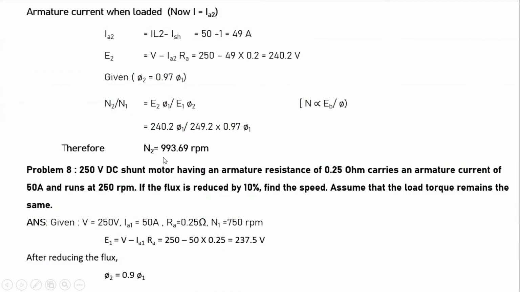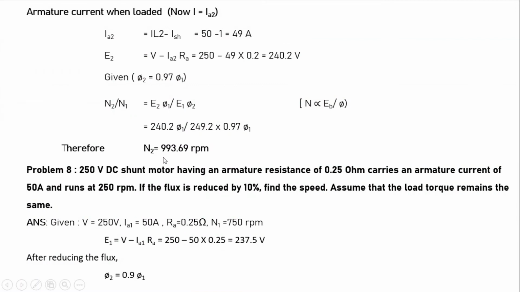So 9.55 into 8.2 into 10 raised to 3 divided by 289.5, we will get 270.5 Newton meter. From this we can find the shaft torque.